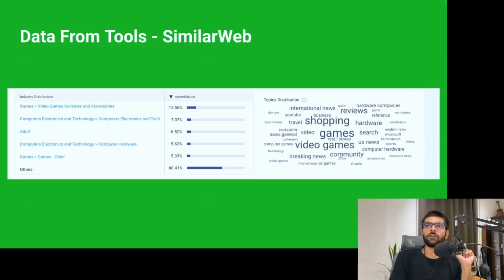Then from SimilarWeb, we can also find what kind of audiences are visiting the website, right? Like what are the top distribution: shops, gaming, video games, reviews, breaking news, community, etc. And over here, industry distribution, you will be able to see video game consoles, etc. So you'll be able to define the persona already, that gaming enthusiasts are coming over here.